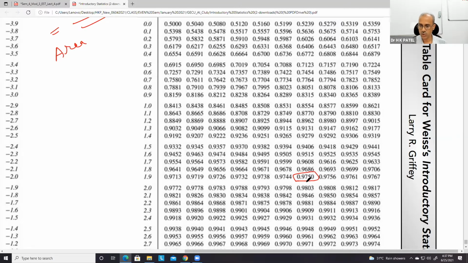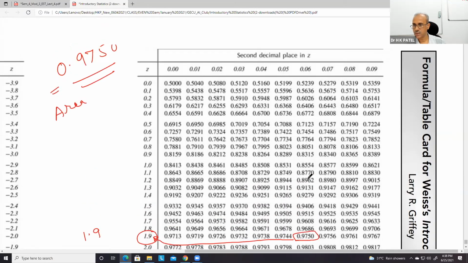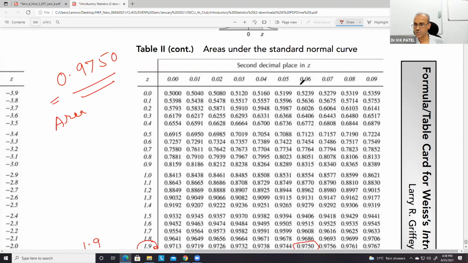If you come across this horizontal line, this value is 1.9. Now if you move vertically upward, the value is 0.06. You just add these two values, 1.9 and 0.06, so that is equal to 1.96.